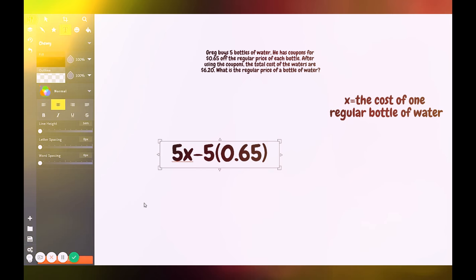Although this expression can be used, there is a better way to solve this. Because to show a coupon deducting from one bottle of water is x minus 0.65, it can be multiplied by 5 because there are 5 of each, thus giving us 5 times, in parentheses, x minus 0.65.